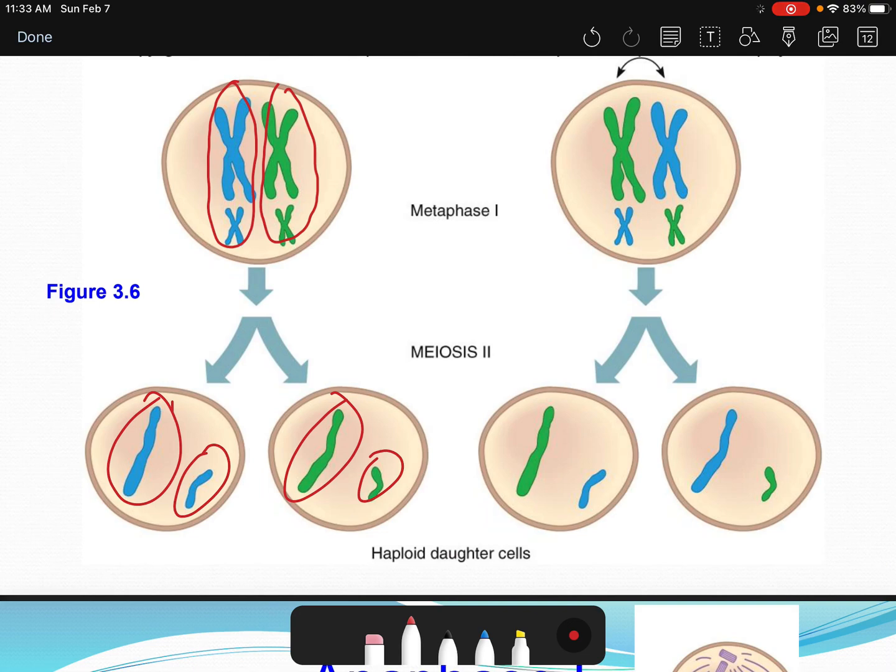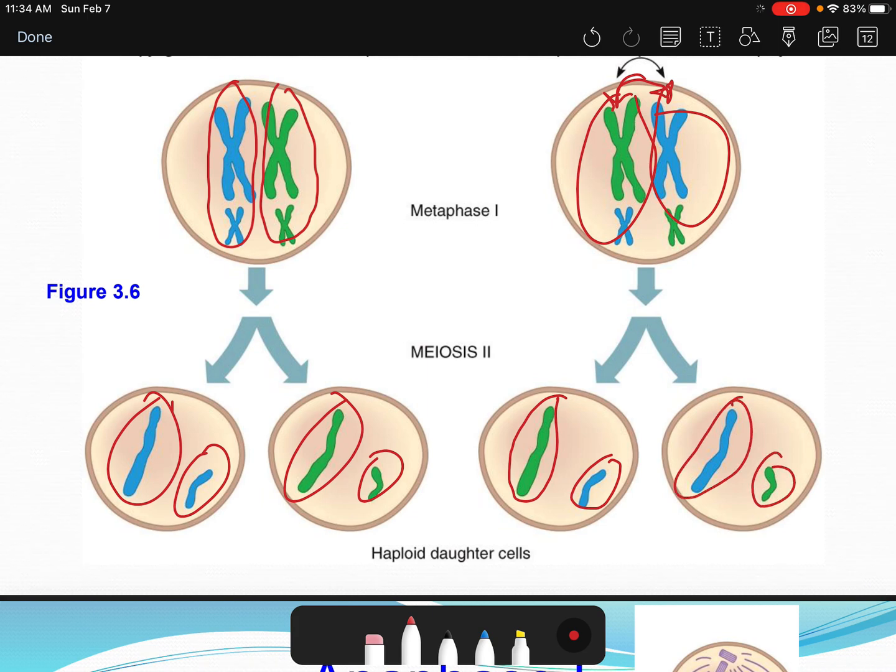What if these two right here switched places and lined up just the opposite way? Well, now when these separate and then the sister chromatids get pulled apart as well, look at this new combination you got. So it just depends on how those homologous chromosomes line up in the middle.